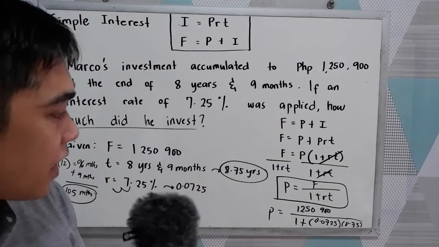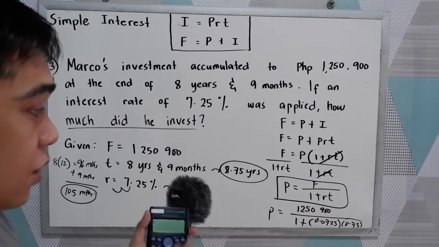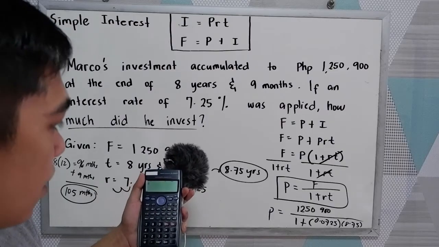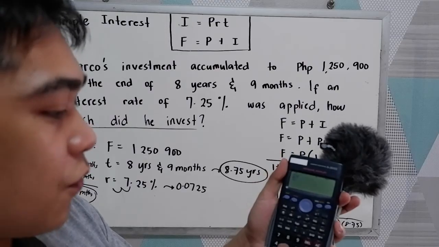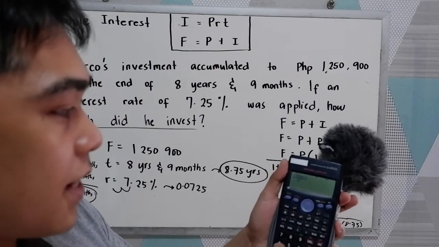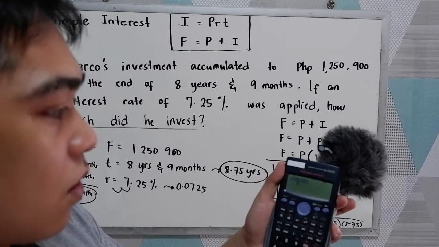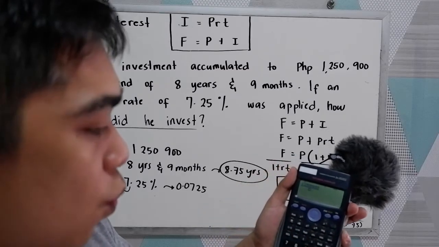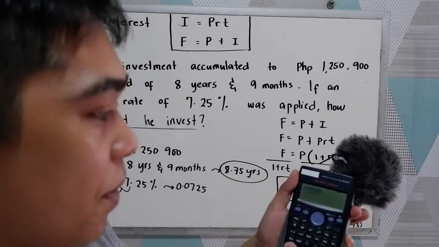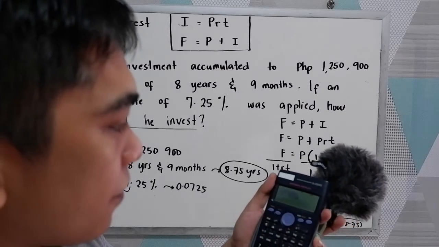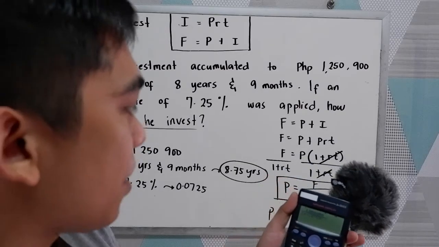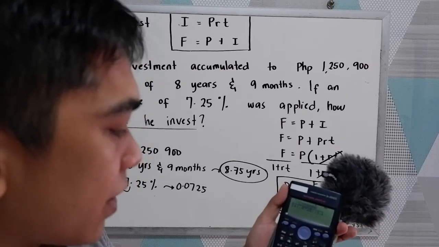To find the final answer, just press the following into your calculator: 1,250,900 over 1 plus, open parenthesis, 0.0725, close, open parenthesis, 8.75.